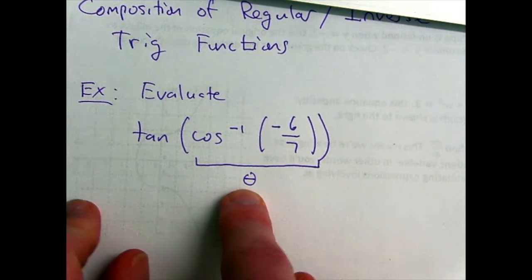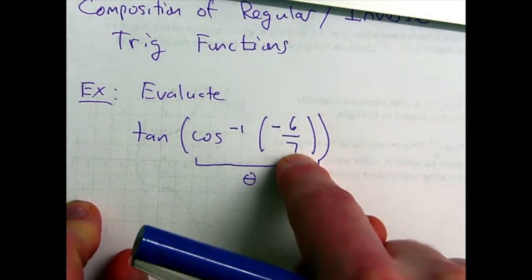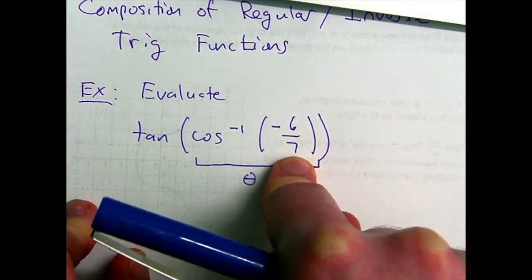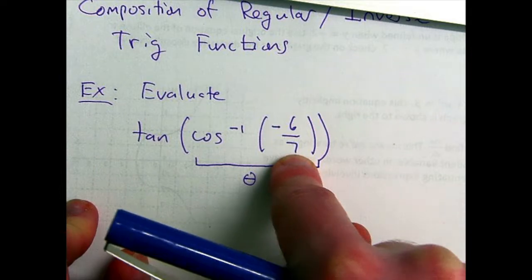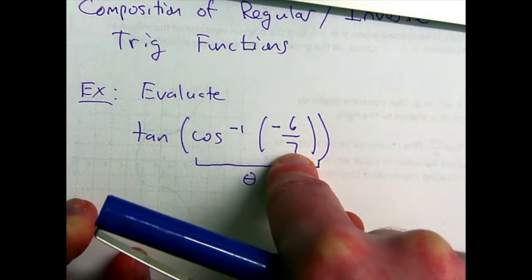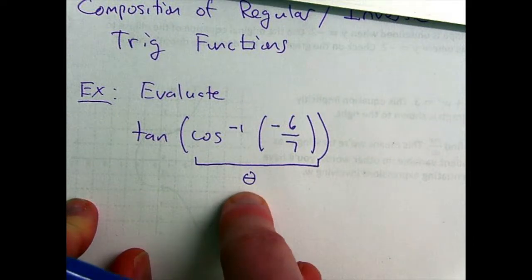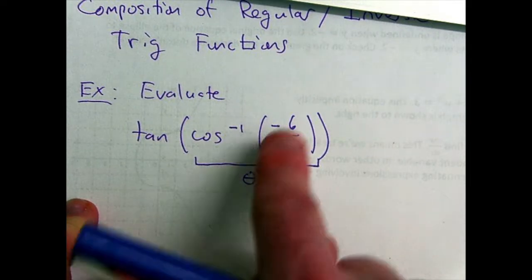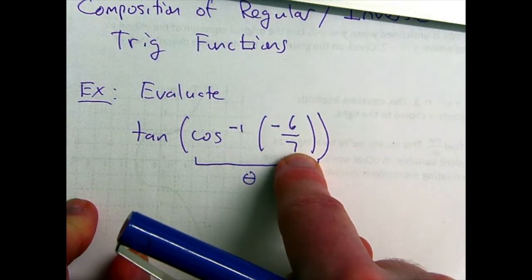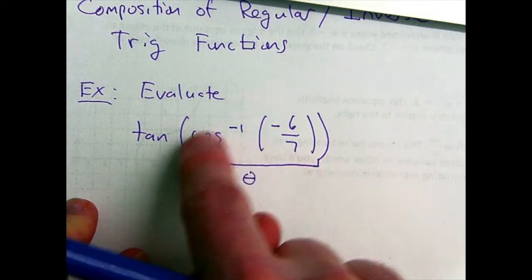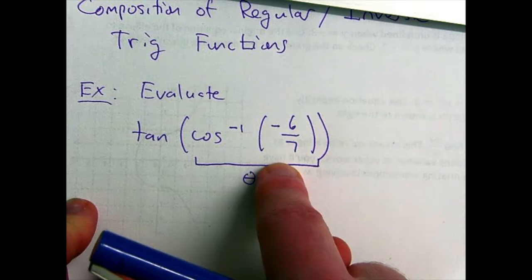Now, if negative 6 over 7 were a unit circle value that I recognized, for example, if it was 1/2 or root 3 over 2 or root 2 over 2, then perhaps I could tell you what theta actually is. But negative 6 over 7 is not a value that appears anywhere on the unit circle. I have no idea what the inverse cosine of negative 6 over 7 is.